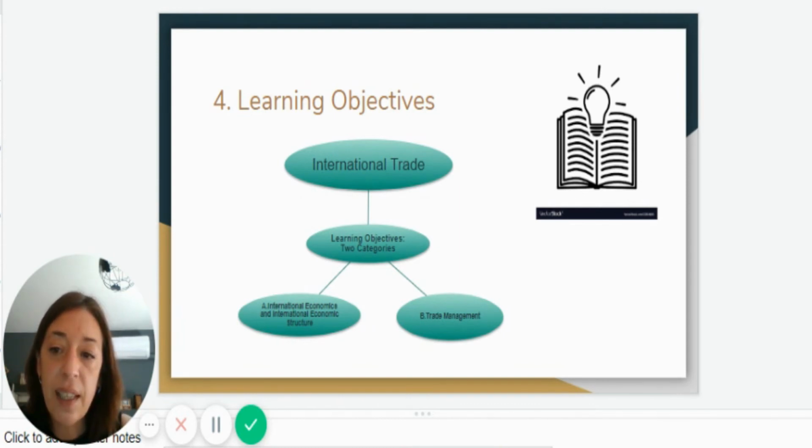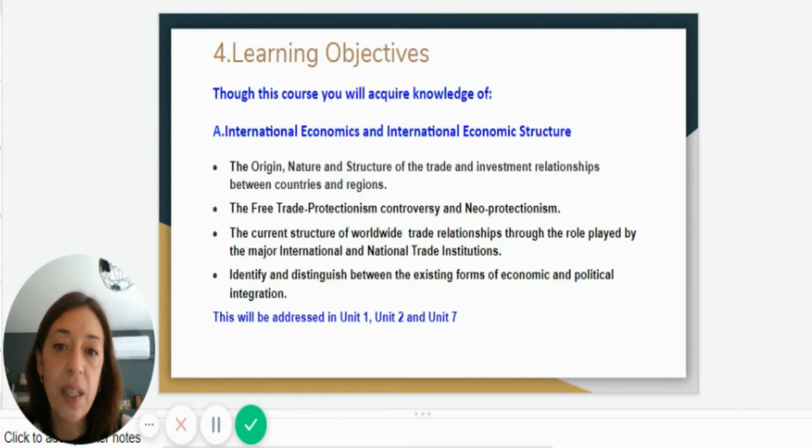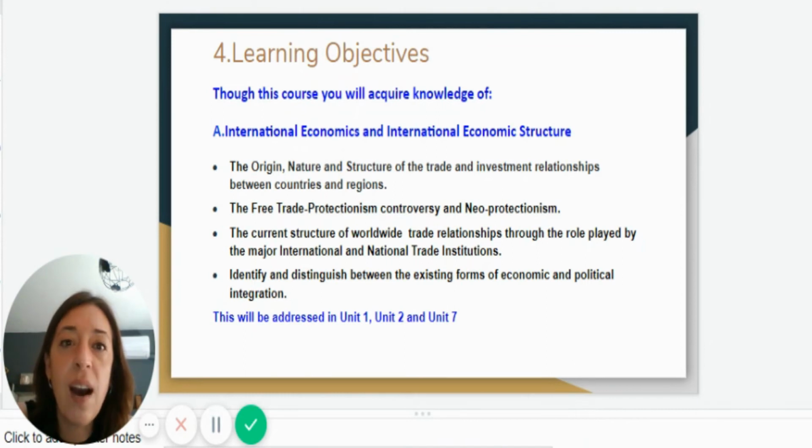Regarding the first category of learning objectives, we will look at the origin, nature, structure of trade and investment relationships between countries and regions. So why countries do trade, what are the current international trade patterns, the role played by global value chains, and nowadays the role played by services in international trade.